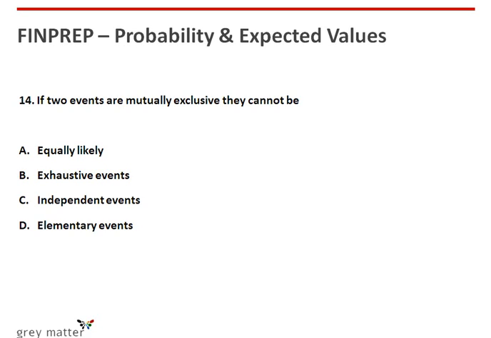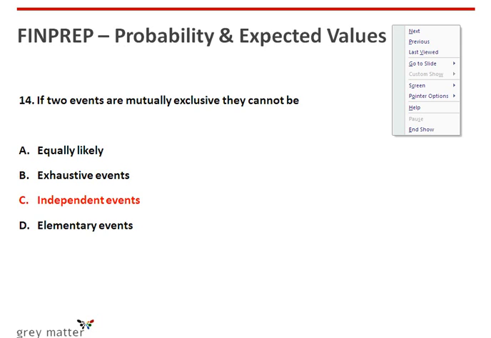If the other occurs, the earlier one will not occur. So they cannot be independent. So the answer is option C, which says they cannot be independent events.